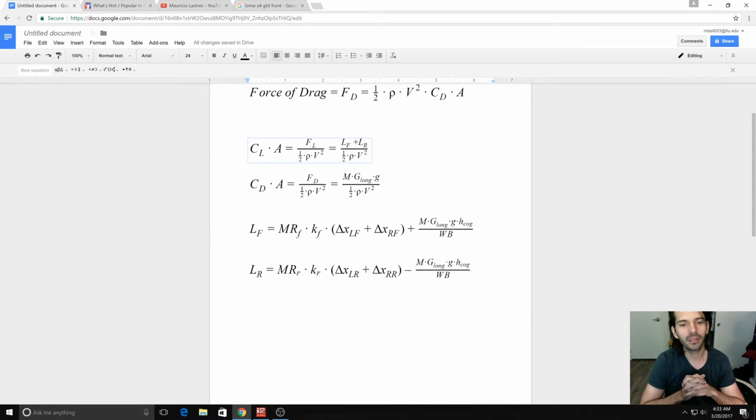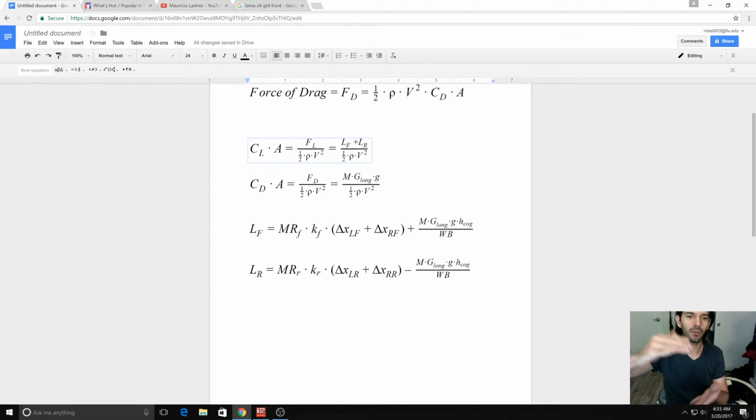We're going to need a motion ratio because in some cases, for some cars, the amount of movement in the damper is not one-to-one. It's not in a one-to-one relationship to the movement of the actual car body.